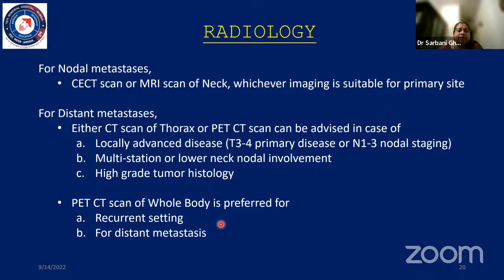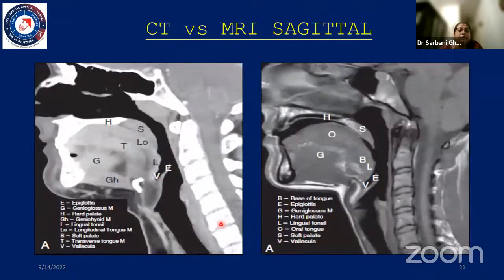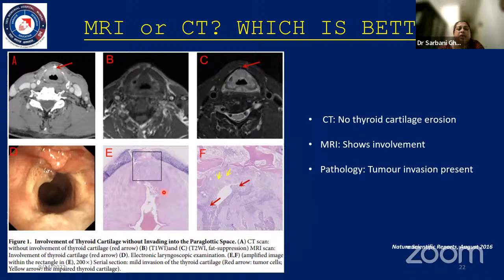PET CT scan may be preferred if you have access to it in the recurrent setting after chemoradiotherapy or for distant metastatic evaluation. So these are various images showing a growth and the various structures that are seen on the CT scan, but I will not spend time on this because we have a radiologist speaking to us later.